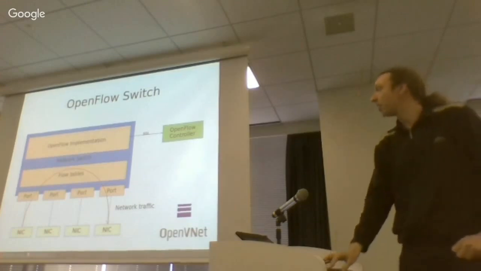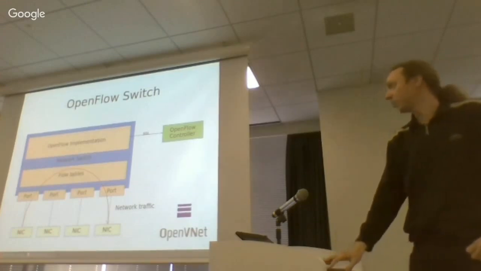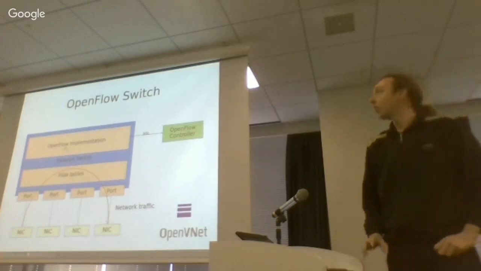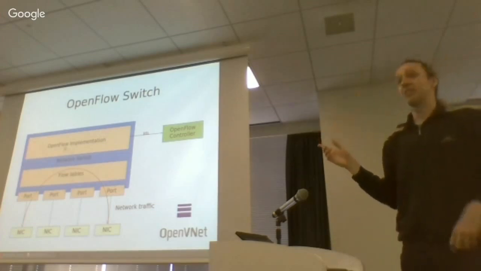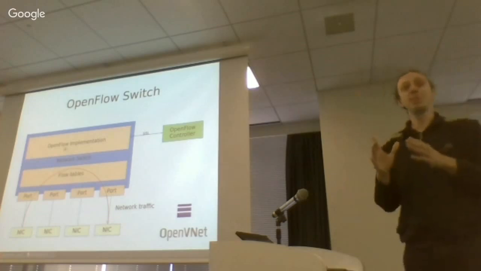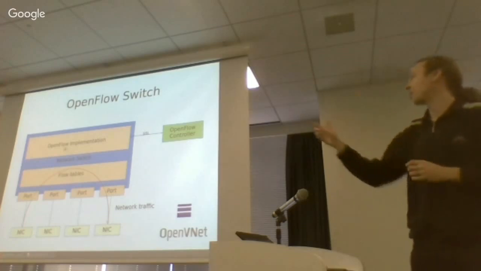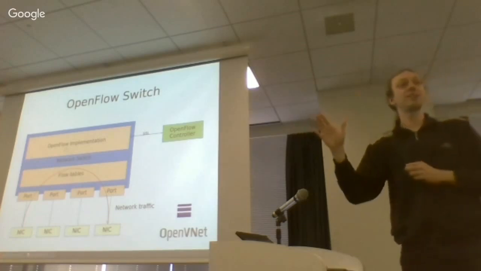And flows is a word that OpenFlow uses. OpenFlow is a protocol, like a language, that network device vendors can implement to allow their flow tables to be changed on the fly.